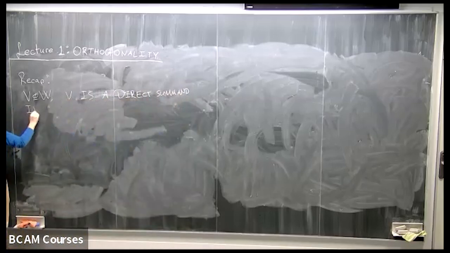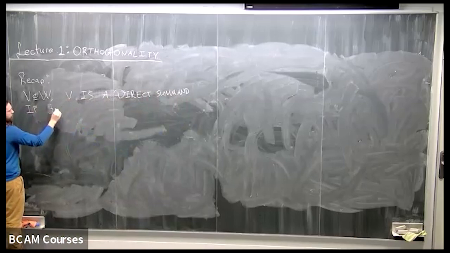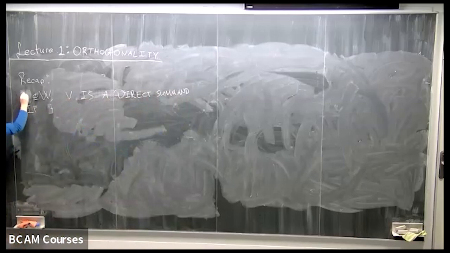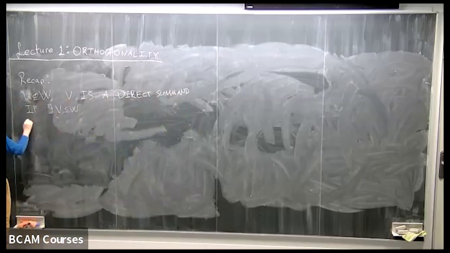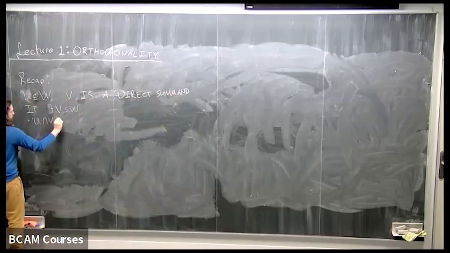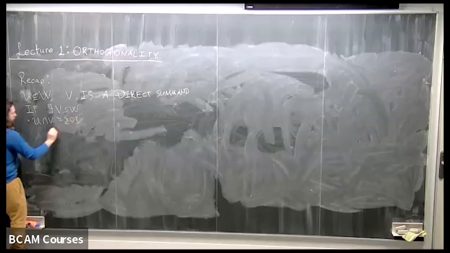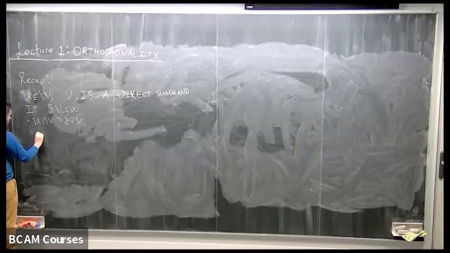Okay, if there exists another subspace, maybe I'll call this one U, which is another subspace in W, such that you intersect the other subspace as 0, and additionally, if you form the space generated by adding all the vectors in V and adding all the vectors in U, then you get the entire space.